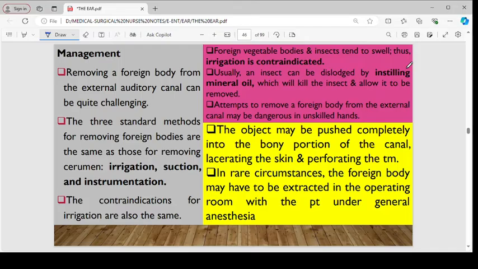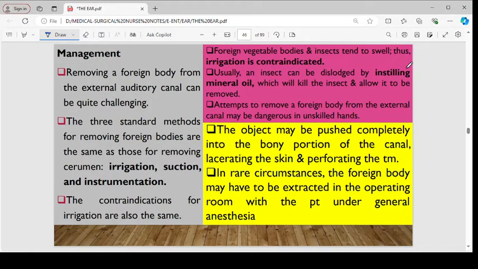The contraindications for irrigation are the same. If there is perforation, the fluids could get into the middle ear and cause vertigo, which should be avoided. Foreign vegetable bodies and insects tend to swell, and thus irrigation sometimes is contraindicated.